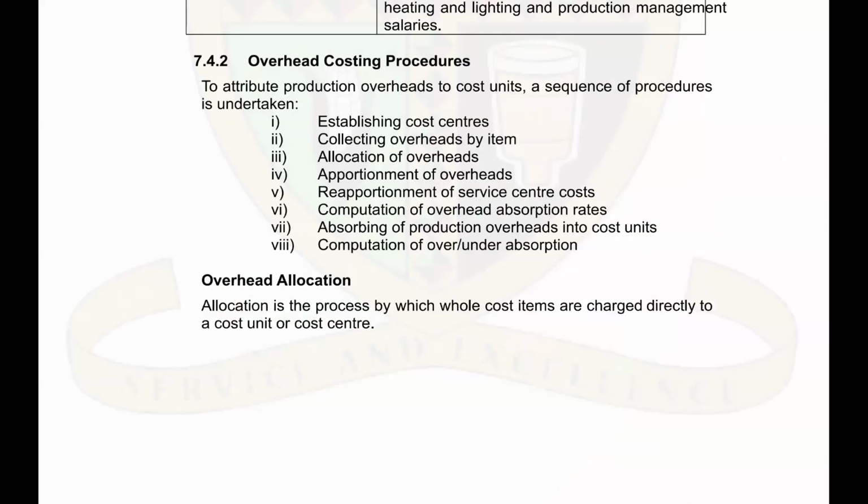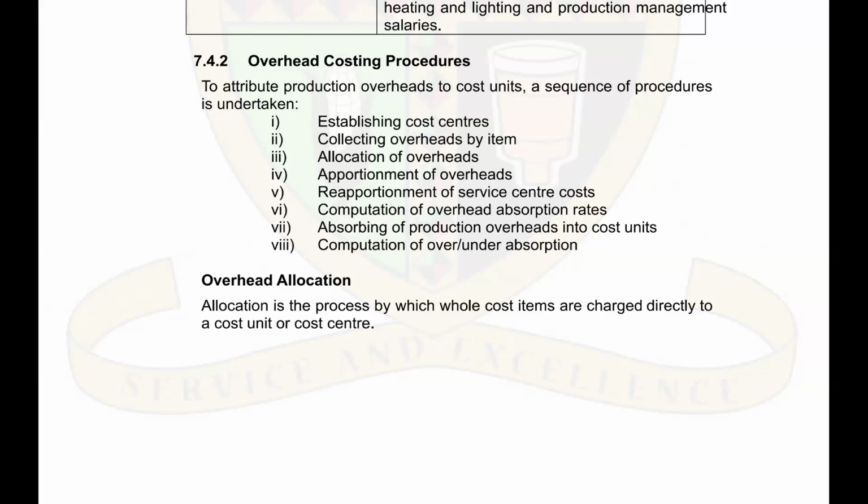Now, in your assignment, there is a question asking you to explain the process of overhead allocation and what it is. Overhead allocation is basically the process by which the whole cost item is charged directly to the cost unit or the cost center.